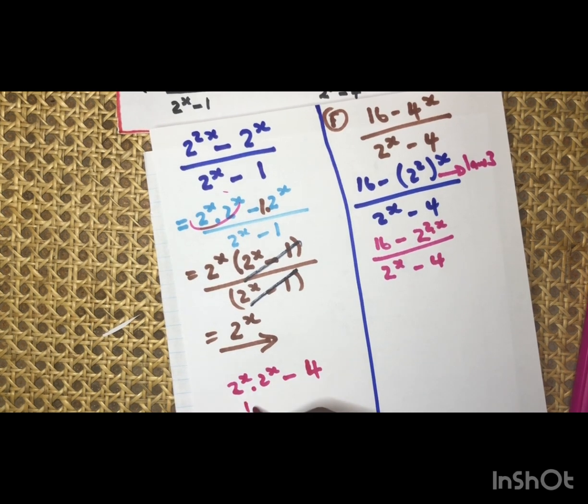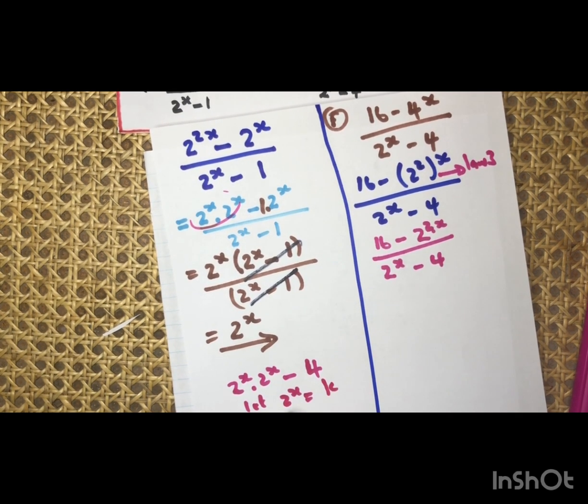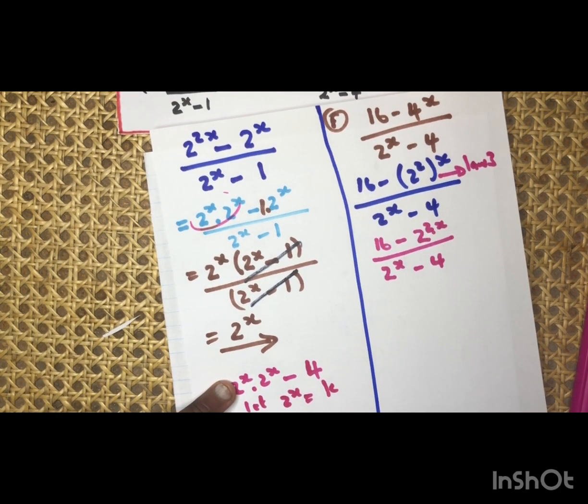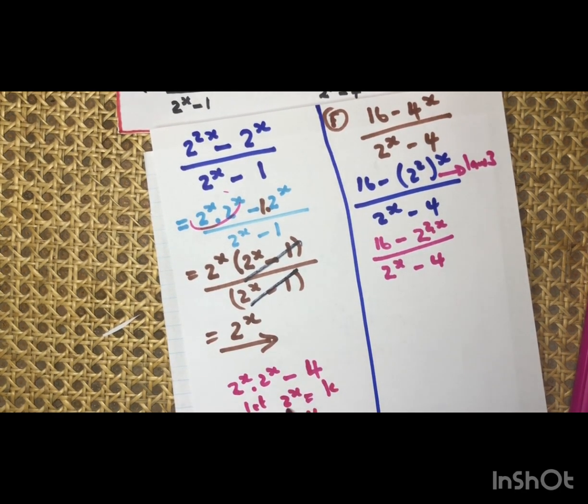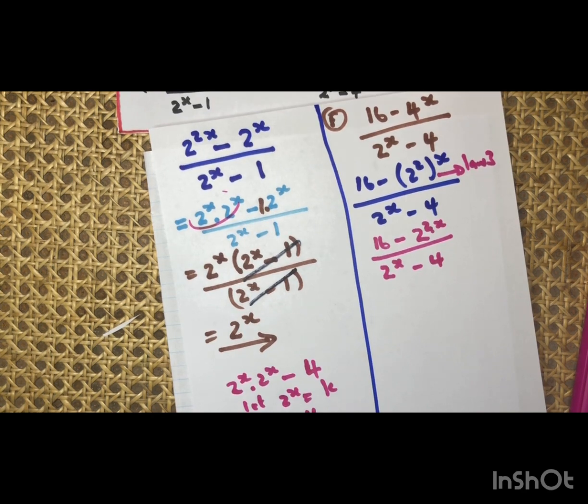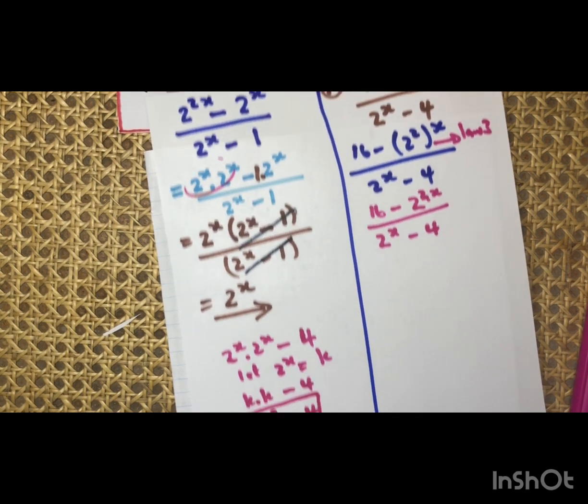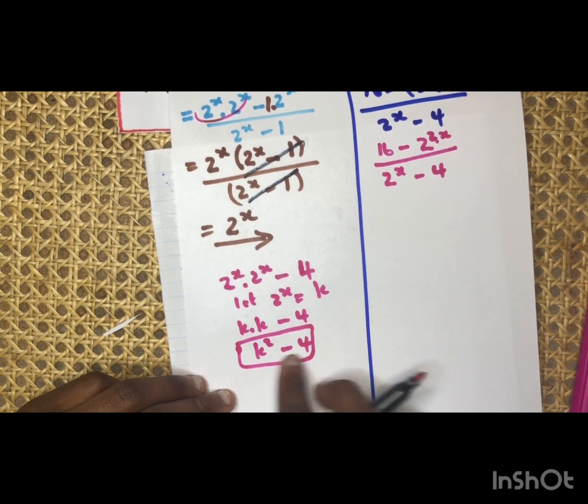But if I let 2 to the power x be k, now I will have k times k minus 4, because we said that let 2 to the power x be k. So k times k, we get what? K squared minus 4. Now, what do you notice here?